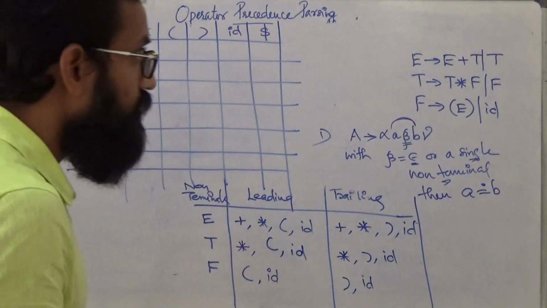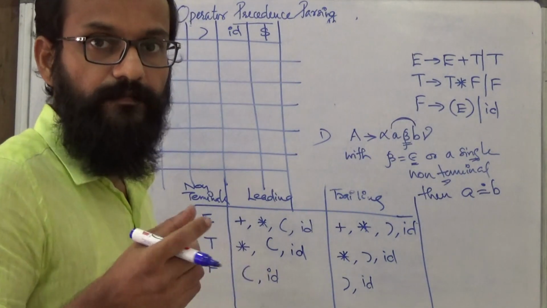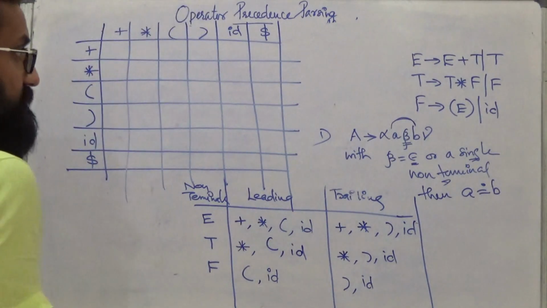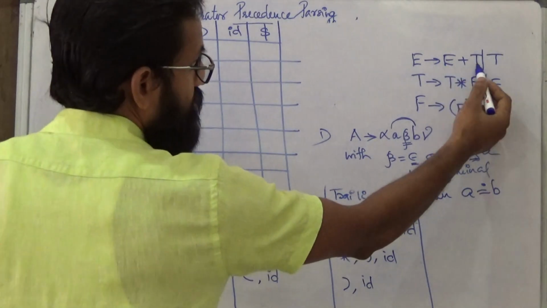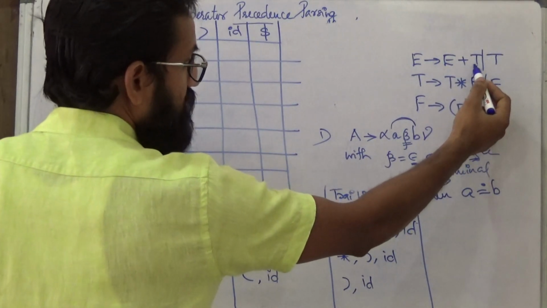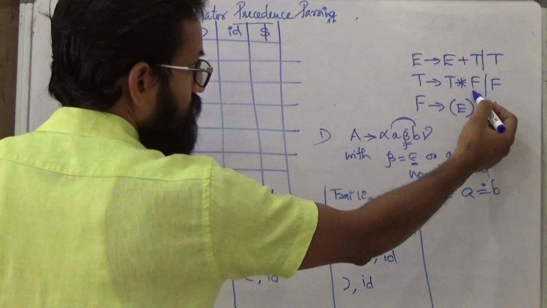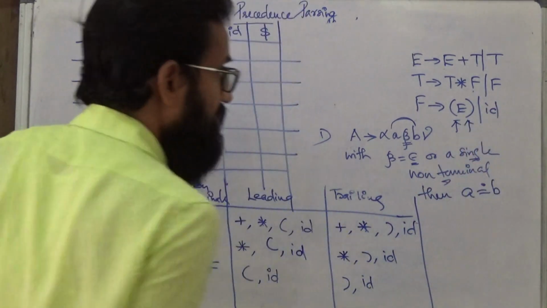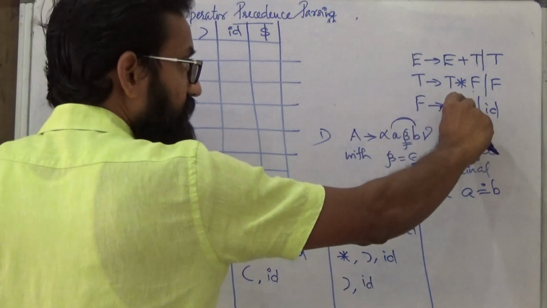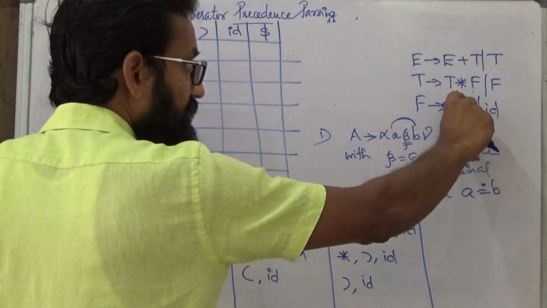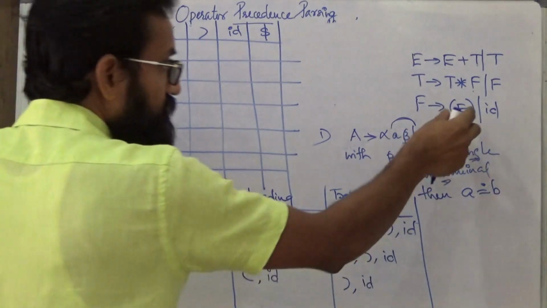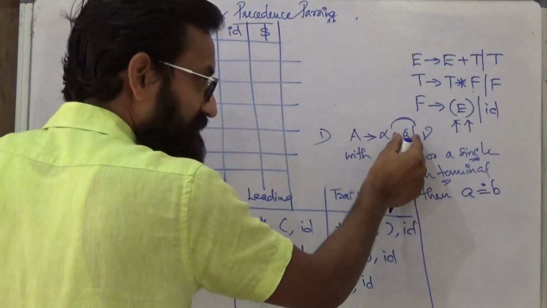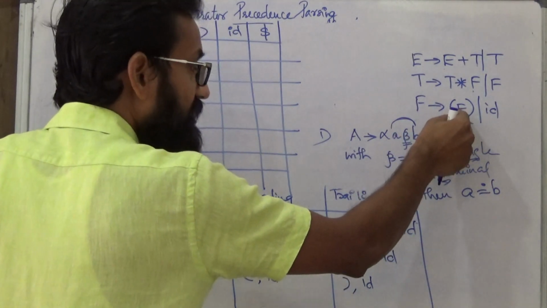So you can pull out all terminal pairs that are related using equal precedence relationship. In this case, you are not having two terminals in the right hand side. Here also no two terminals. But if we consider this production, you are having opening parenthesis and closing parenthesis, separated with a single non-terminal. So this right hand side is of this form, containing two terminal symbols separated by a single non-terminal.